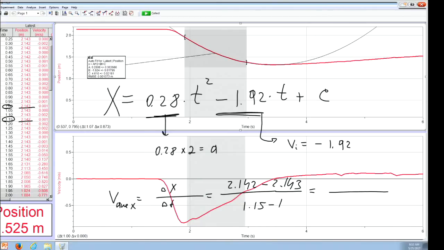So negative 0.001 divided by 0.15. It is negative exactly because, yes?